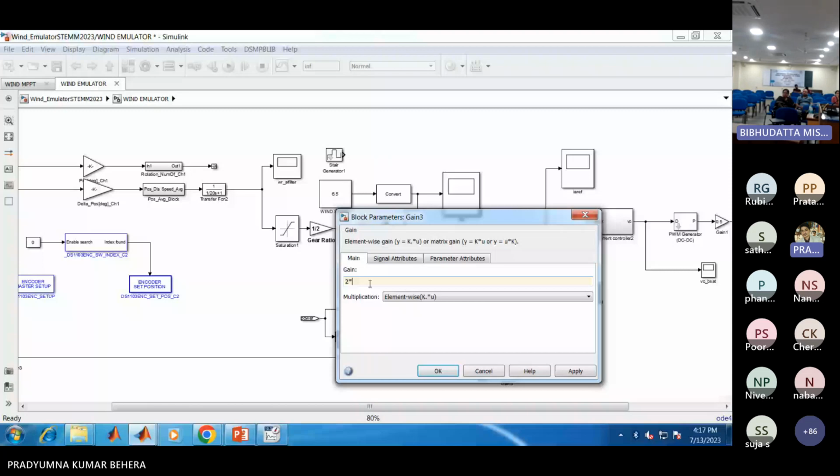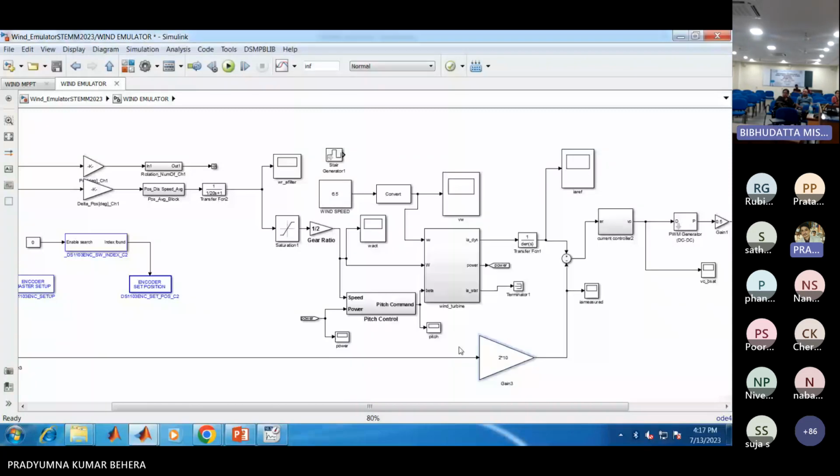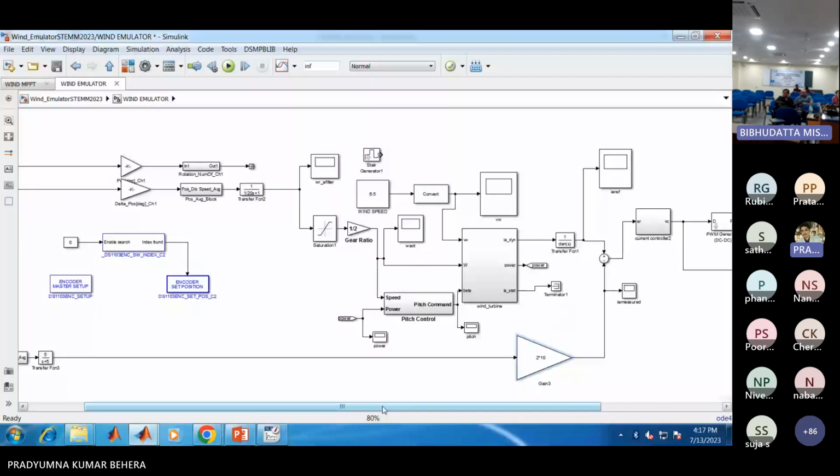This 2 represents the sensor gain, and this 10 is because whenever we are sending a signal from the outer world into the digital domain of the DSpace control board, it will be scaled down by 1/10. Suppose I am sending a 5-volt signal, it will be scaled down to 5 by 10, that is 0.5. So in order to get the actual value, we are multiplying that value by 10 here.